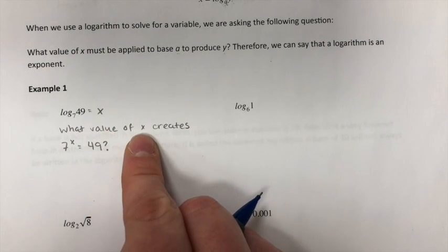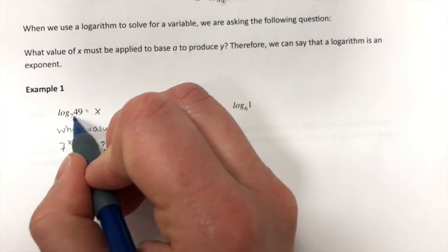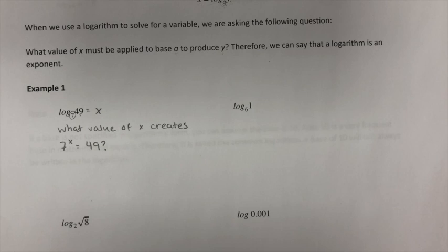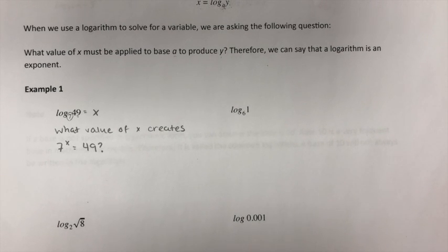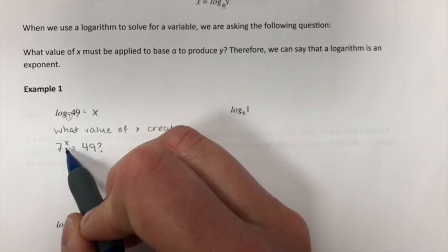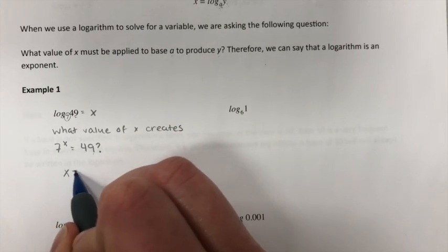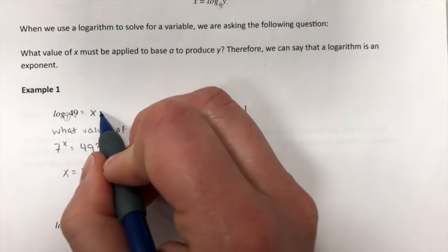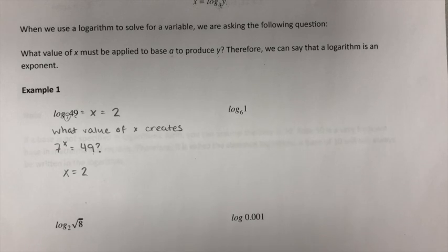What value of x must be applied to the base 7 to give me whatever I call the number we're logging? That is not the actual professional term, but I think it makes the most sense. So what exponent would we have to use? 7 squared, we know, is 49. So this whole log would be equal to 2.